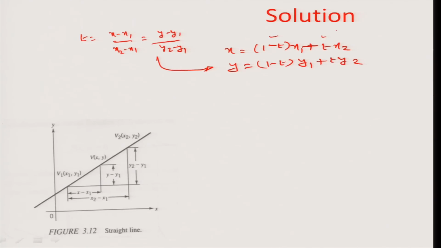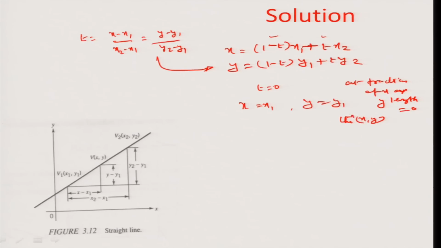So there is a flexibility that we have now, because if we put t equal to 0 here, x becomes equal to x1 and y becomes equal to y1, which means that at fraction of x or y length equal to 0, the point xy is supposed to be at x1 y1.